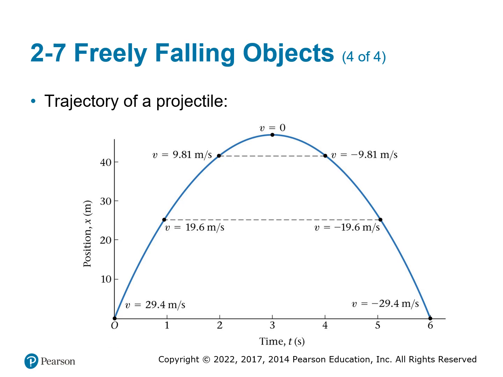So if you start at position 0, so if you are assuming, right, that you are standing on the ground and you throw a ball up in the air, right, the ground is point 0. You throw that ball up and up and up and up, all the way to 40 meters.